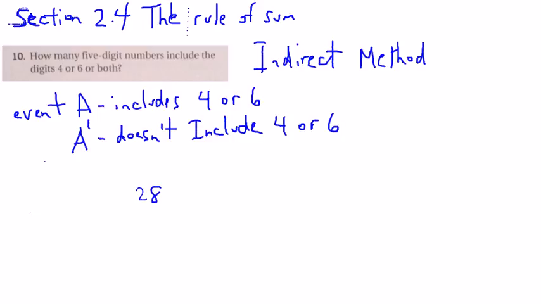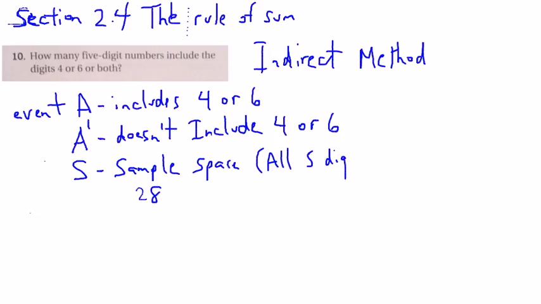And in order to use the indirect method, you're also going to have to consider the sample space. And the sample space is all the 5-digit numbers. So let's just remind ourselves of what the indirect method really will look like.